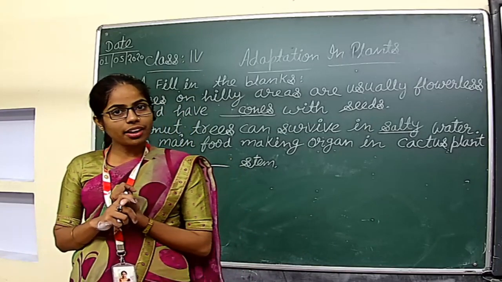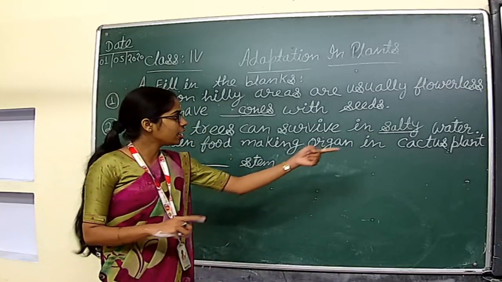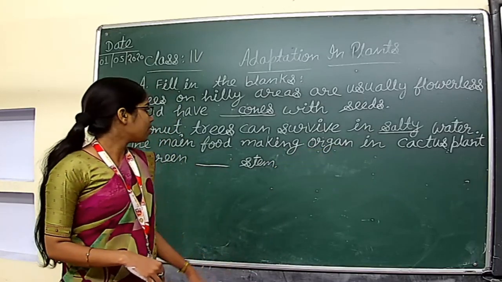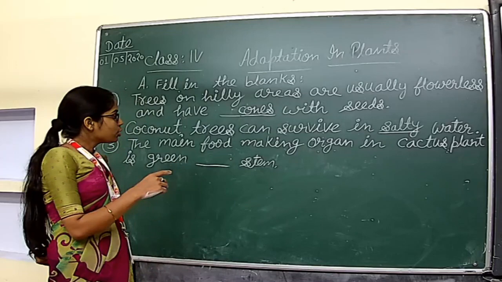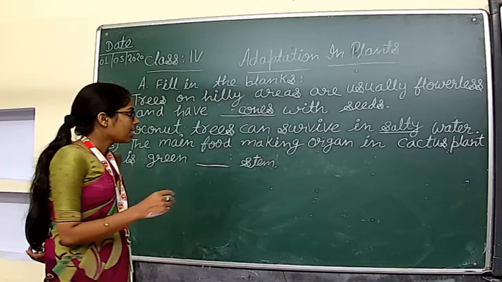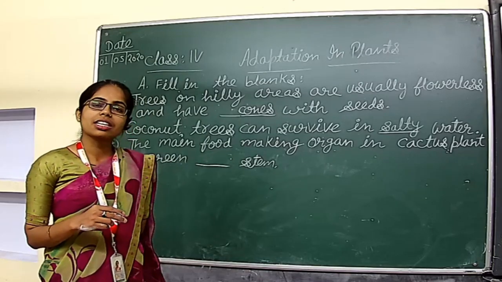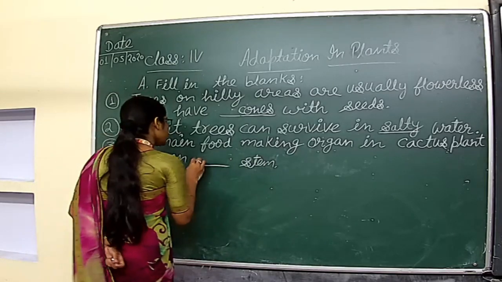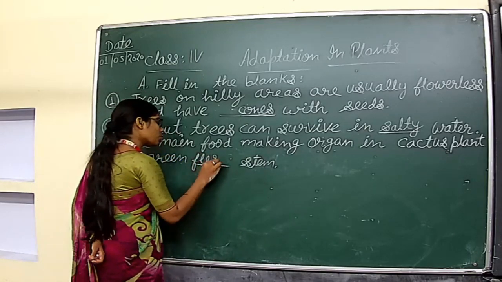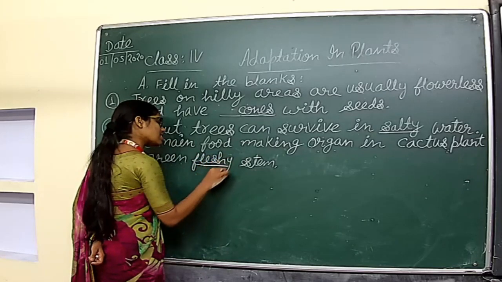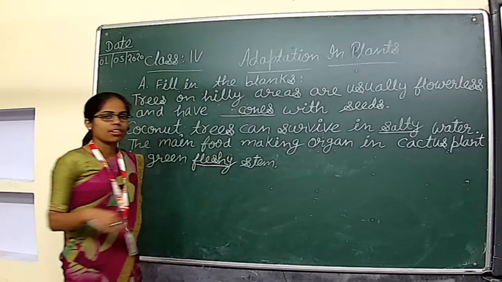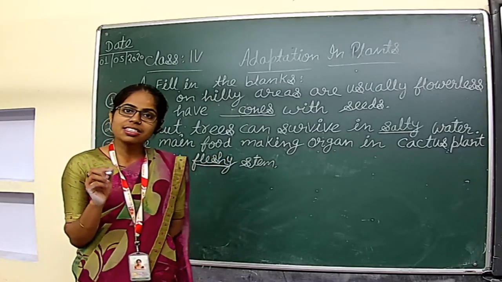Do you remember that? In that only we studied about the cactus plant. The main food making organ in a cactus plant is green fleshy stem. Do you remember this? Yes, this is the answer for this question. Green fleshy stem.